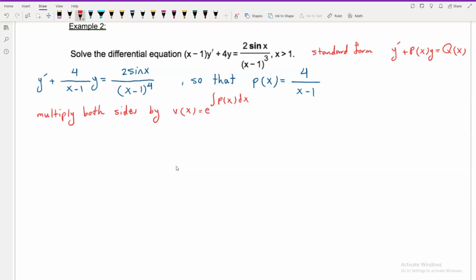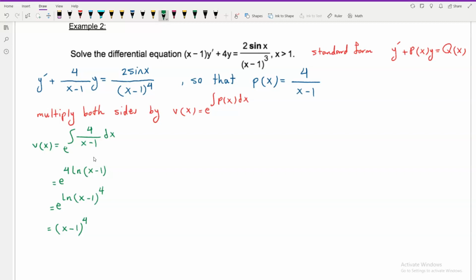To solve the linear equation, we have to multiply both sides by the integrating factor, which is v(x) equal to e to the power integral of p(x) dx, and in this case p(x) is 4 over x minus 1. To find v(x), use a constant of integration c equal to 0, so v(x) is as simple as possible.